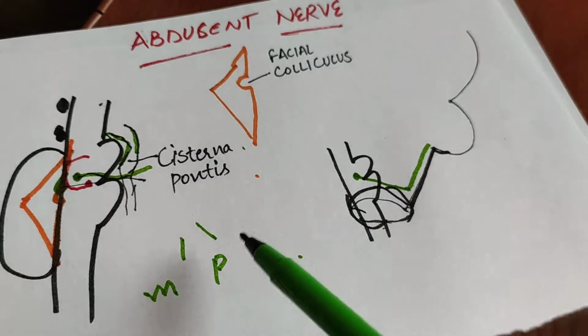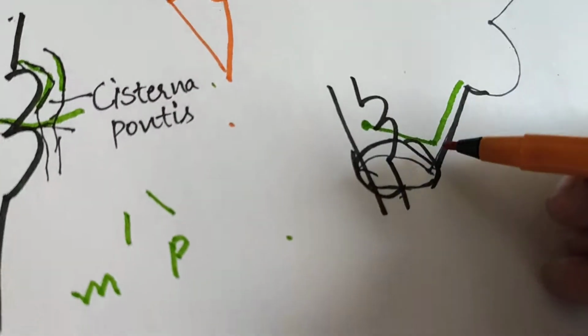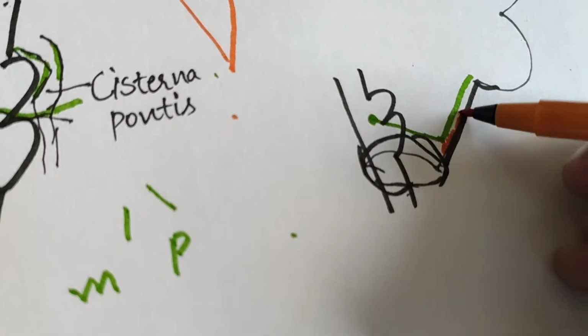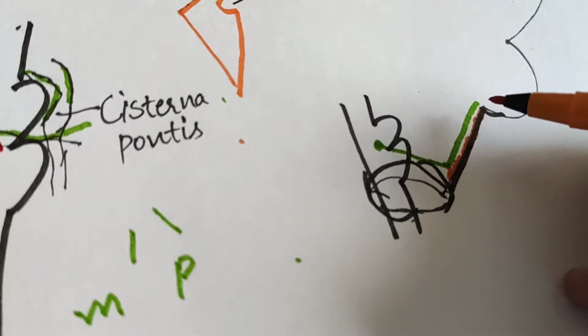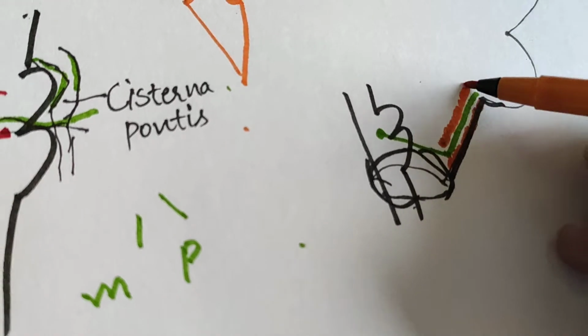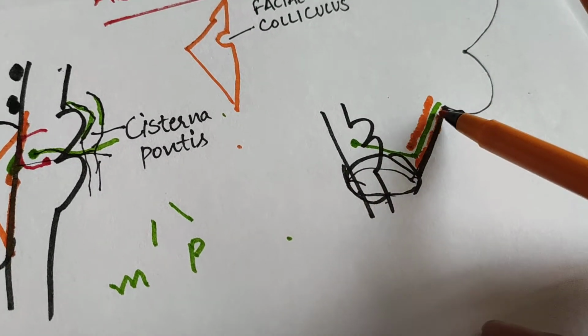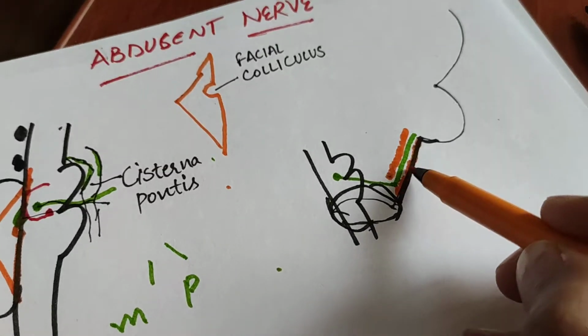The layer attached to the bone is the periosteal layer of the dura mater, and here is the meningeal layer of the dura mater. So there is a space between the meningeal layer and the periosteal layer of the dura mater.